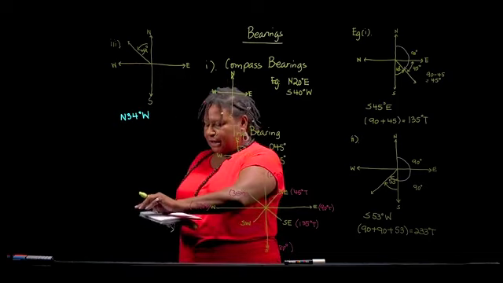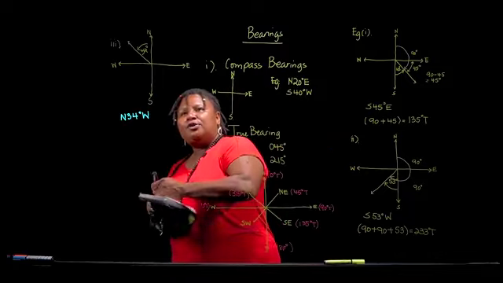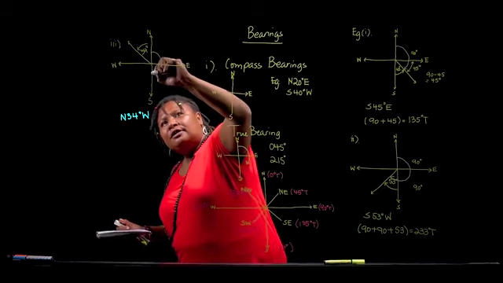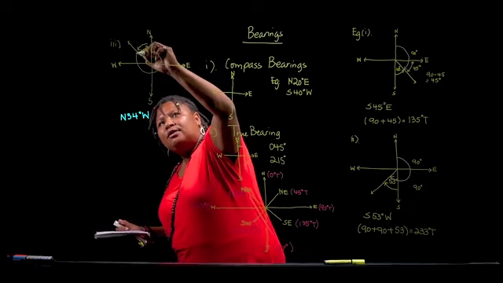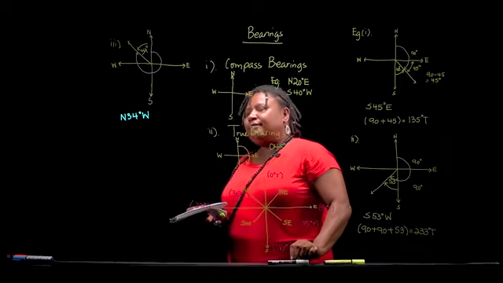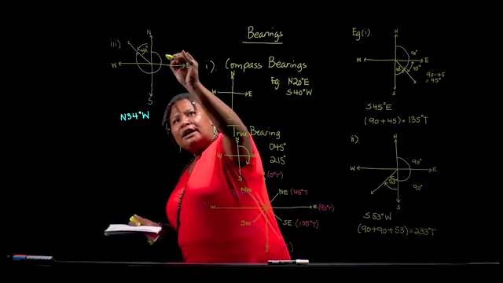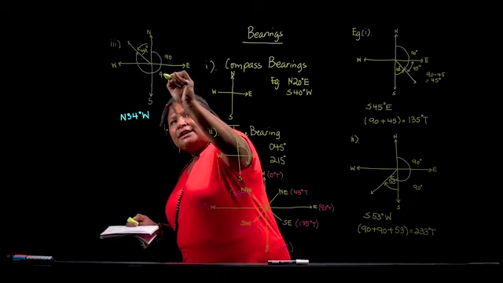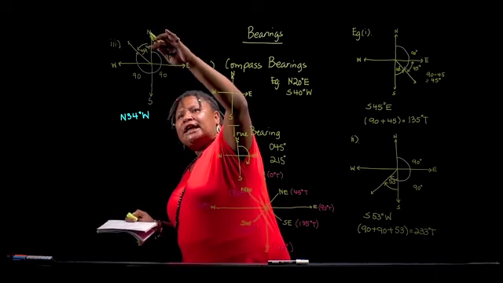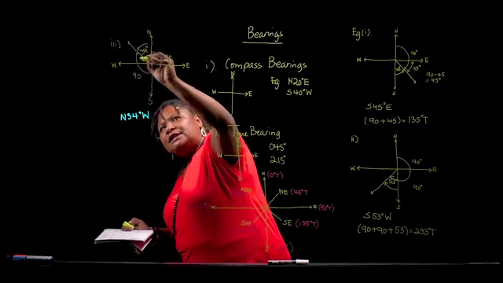Now, true bearing. This is where we are going to cover quite a lot of angles here. Look at how far we've gone. Now, we have covered how many degrees to get to this point here? We have 90 plus 90 plus another 90, and this angle here is 90 minus 34, which is going to be 56 degrees.